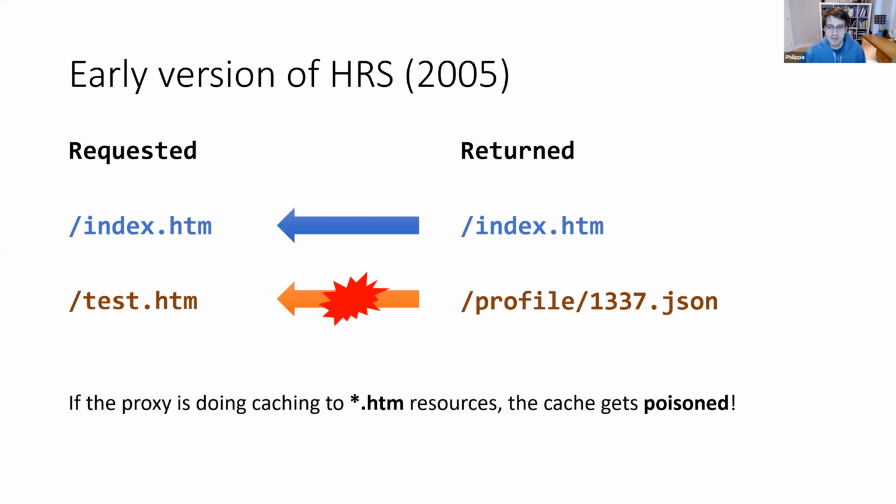But in practice, it's a loading profile request. So then suddenly the attacker might be able to inject some malicious HTML and it will be cached under a resource name that will be public. This is helpful for an attacker if he wants to do advanced phishing.